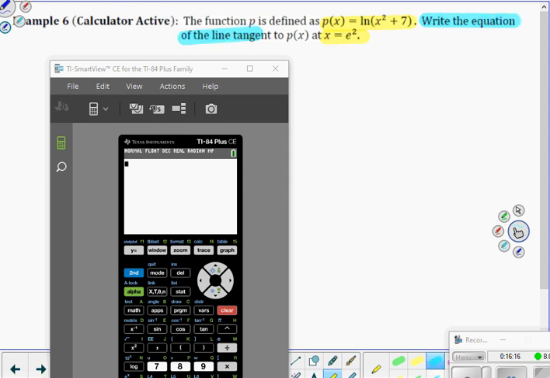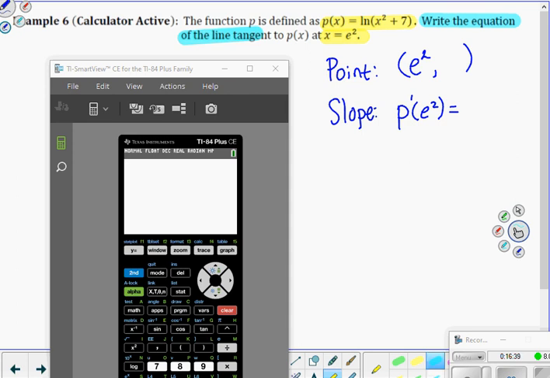What do I need to do that? I need a point. I need a slope. The x value is going to be e squared. And that means the slope's going to be p prime of e squared. And they said we can use our calculator.